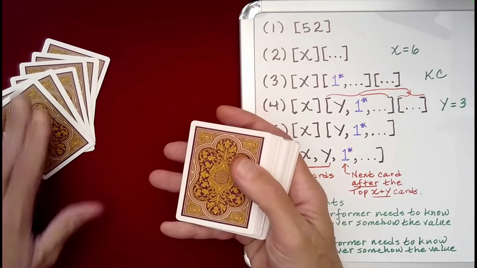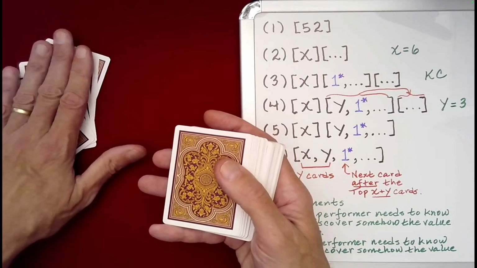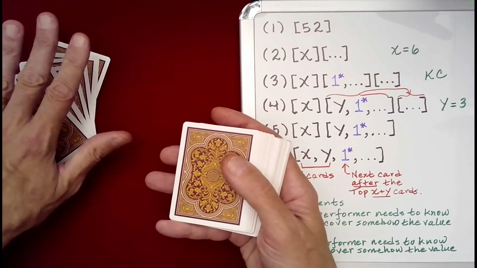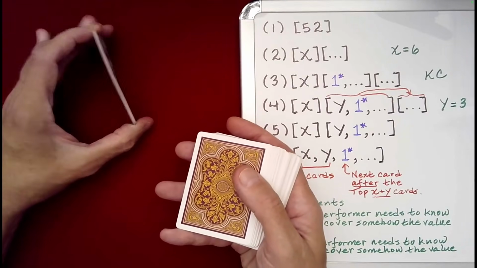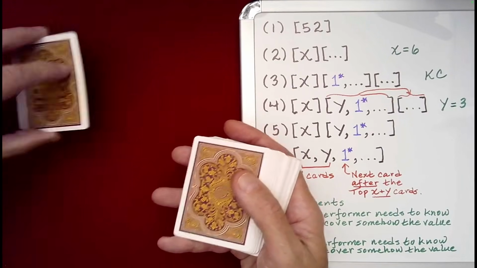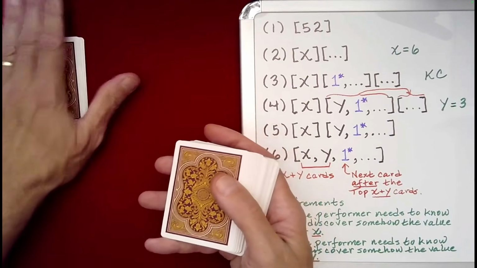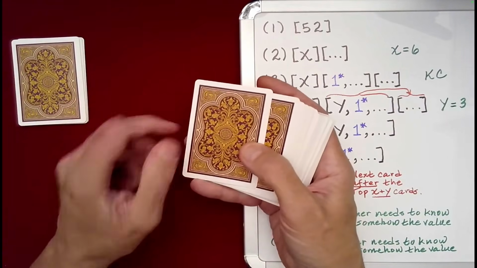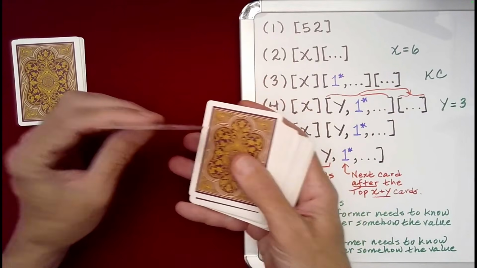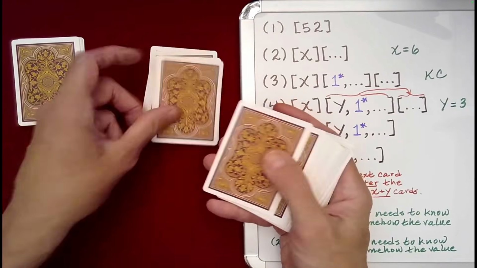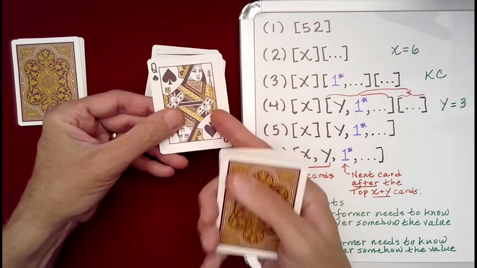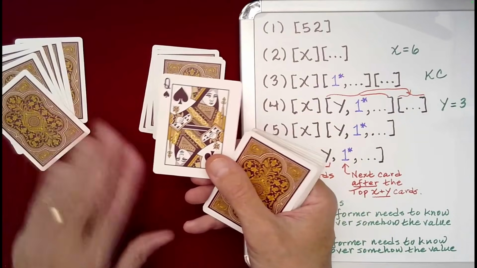Okay, so for example, here we would be safe to show them, let's say, 13 cards, because surely if you look at this packet here, it's less than 13 cards. So you know it's at least as big as this. So this is card 1. Show them that. It's not theirs. 2, 3, 4, 5. Now this is the card in the 6th position, determined by the number of cards they cut.